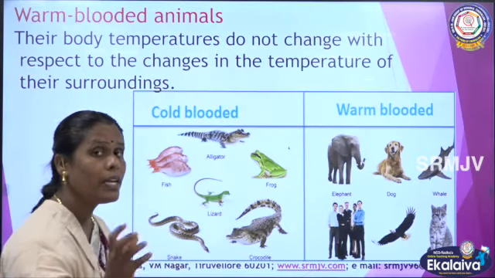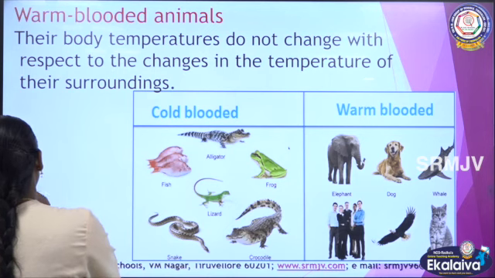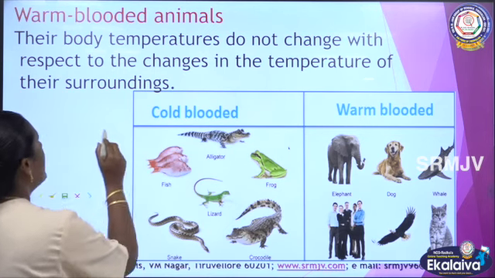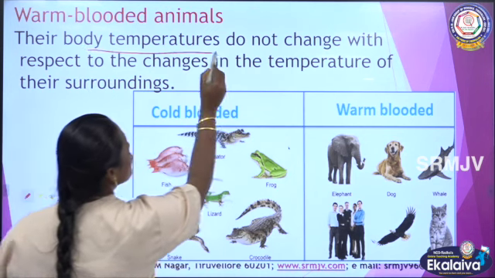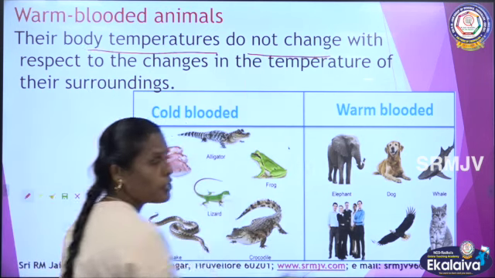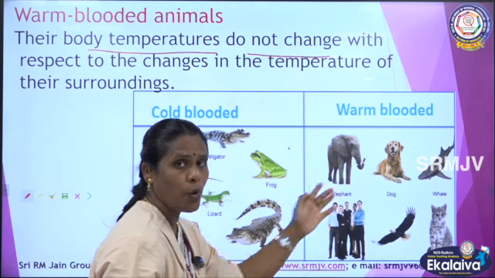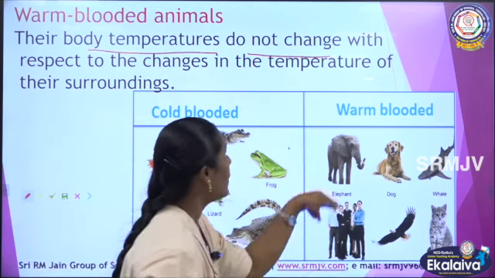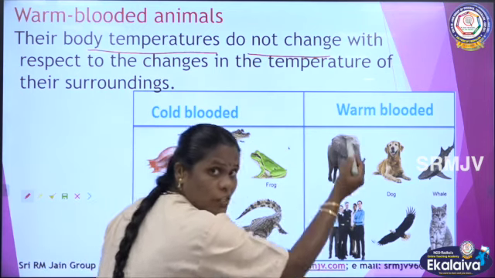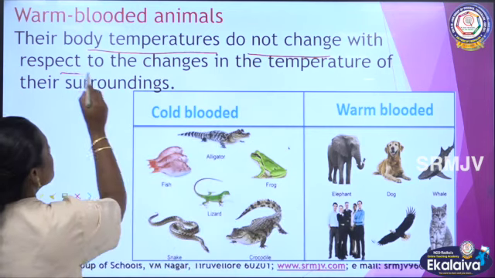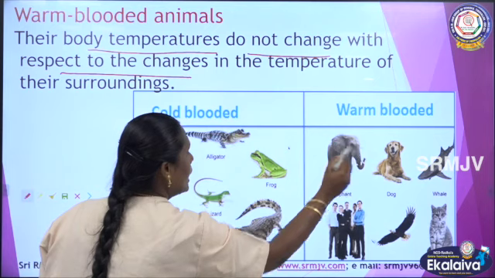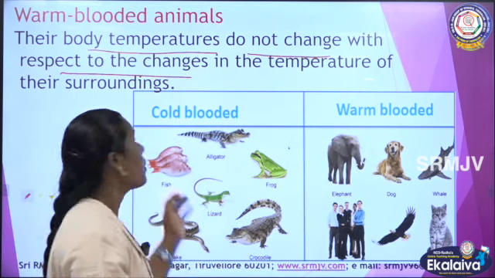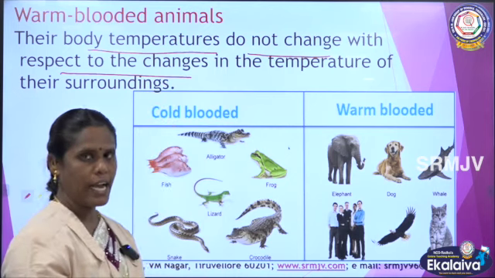Next, warm-blooded animals. Here their body temperatures do not change. Animals whose body temperature does not change with changes in the temperature of their surroundings are called warm-blooded animals.